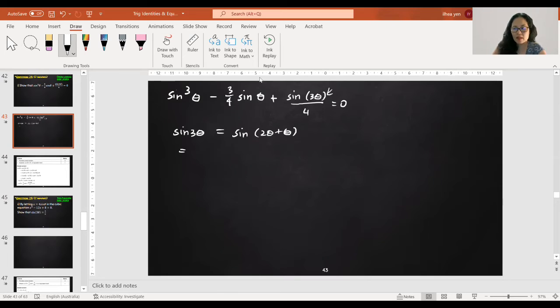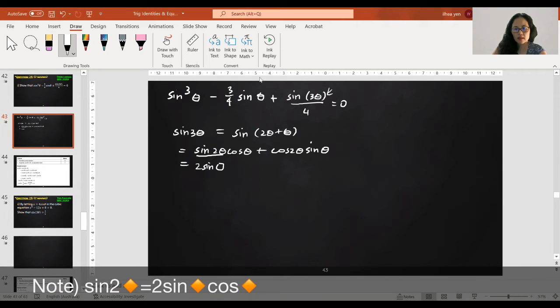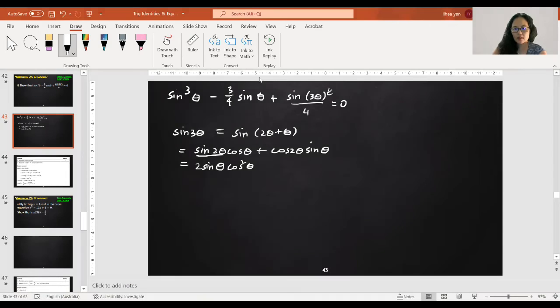And now I'm going to expand this one: 2 sin θ cos θ times cos θ, so it becomes cos²θ. And then plus, I want to make it all sine. I'm going to use cos 2θ equals 1 minus 2 sin²θ, so 1 minus 2 sin²θ times sin θ.